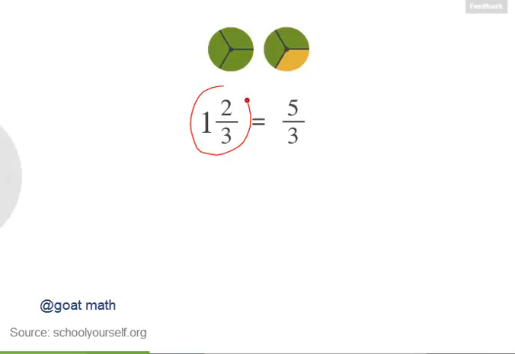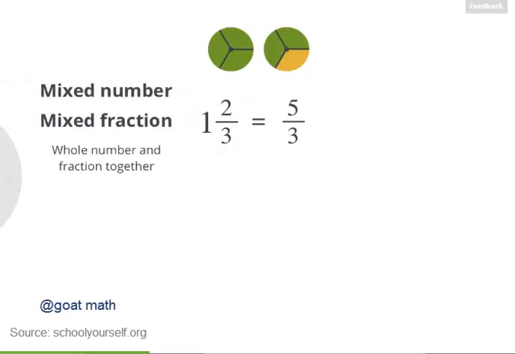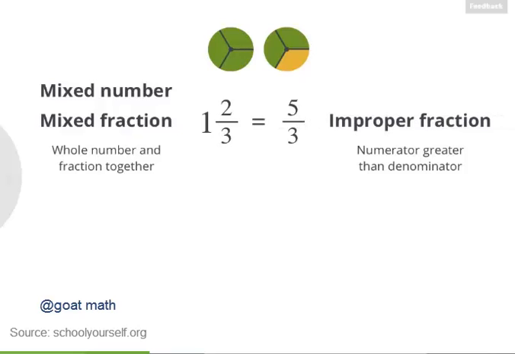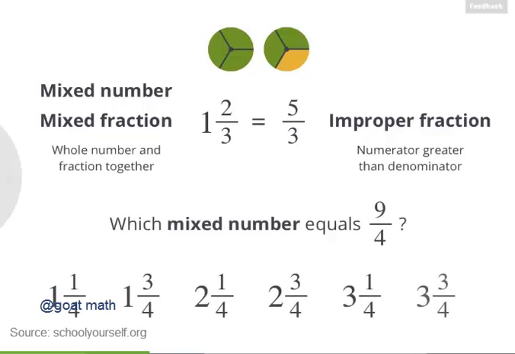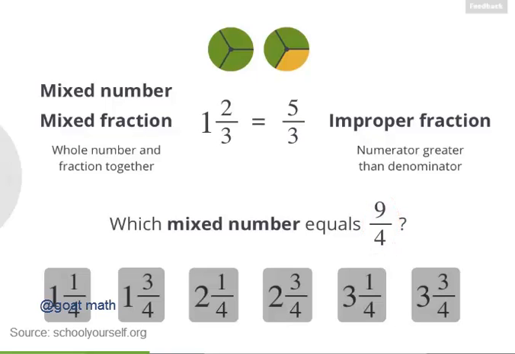When you write it like this, as a whole number and a fraction, it's called a mixed number or a mixed fraction. Writing it like this, where the numerator is greater than the denominator, is called an improper fraction. So next, what mixed number is equal to the improper fraction 9/4?